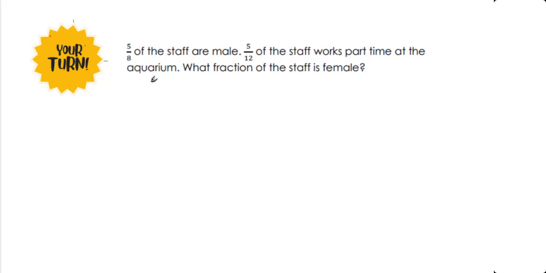Here's what I'm trying to figure out. I know that 5/8 of the staff is male. That means the rest of them are female, right? Now I have this information over here: 5/12 of the staff works part-time at the aquarium. Is that important? No, that does not matter. We want to know, of all the people that work there, 5/8 of them are male and the rest are female.